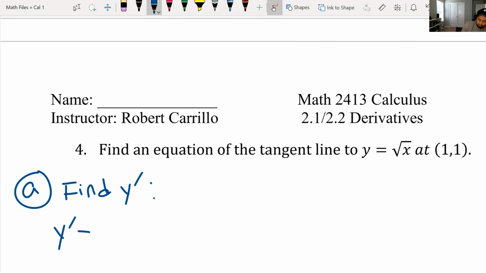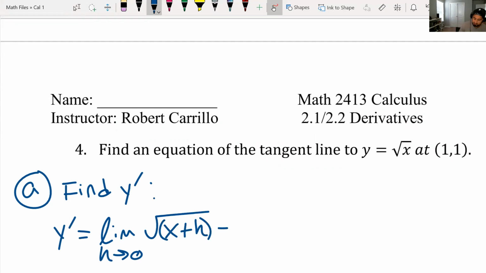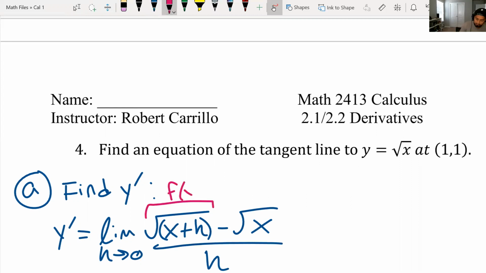So y prime is going to be the limit as h approaches 0 of the square root of x plus h minus the square root of x, all over h. And again, this is f of x plus h, and this is f of x. Hey, that was easy.